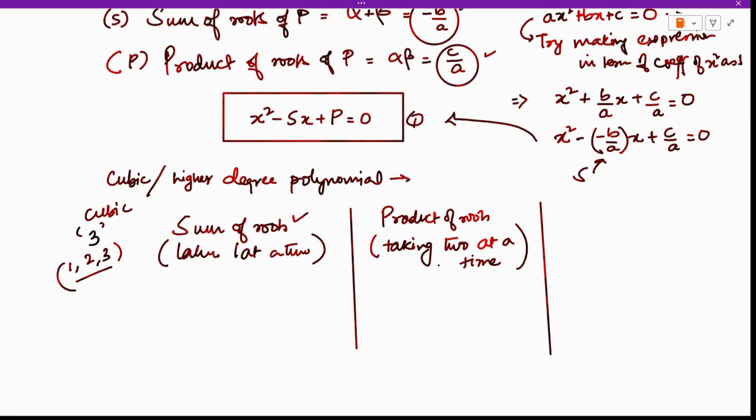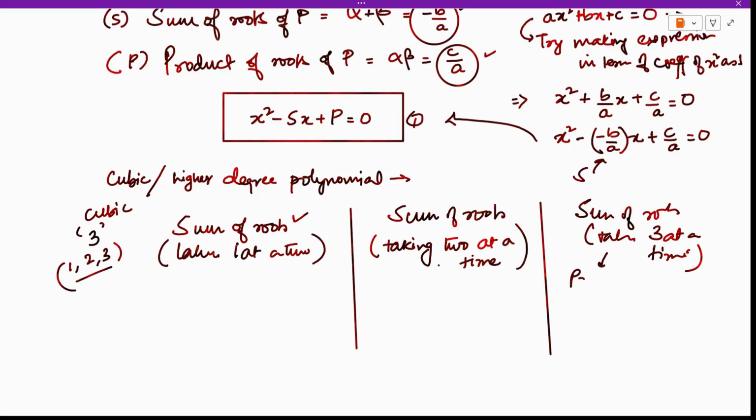So sum of roots taken 1 at a time. Okay. This is also sum of roots taking 2 at a time, and sum of roots taking 3 at a time, which can also be written as product of roots. Right. So sum of roots, again, taking 1 at a time is minus b by a.